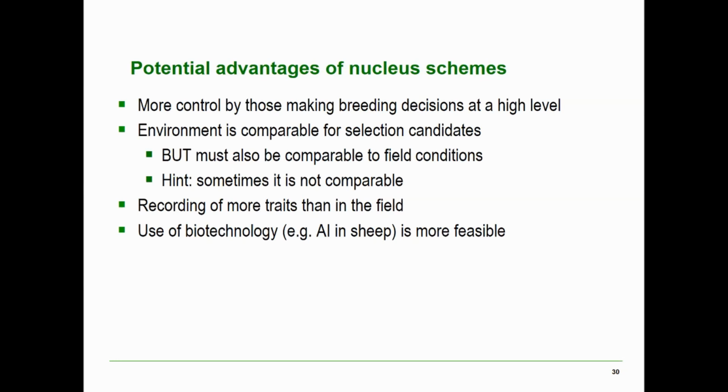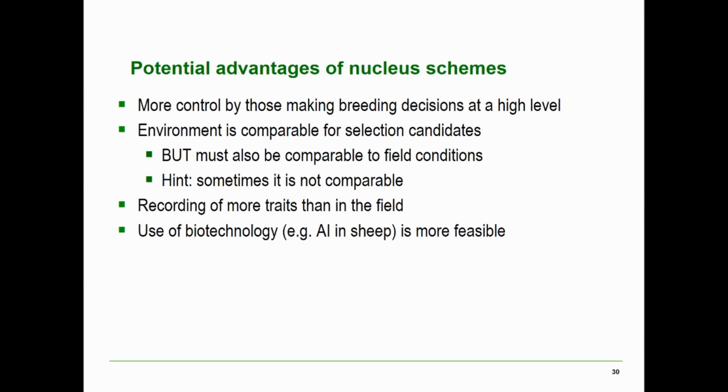Also, we have an advantage in these nucleus schemes or nucleus herds, that we can record a lot of things, also many more things than are actually possible to record in the field, which is advantageous from the research perspective. Because we can look at the biological aspects of traits that would be really hard and challenging to measure in the field conditions.